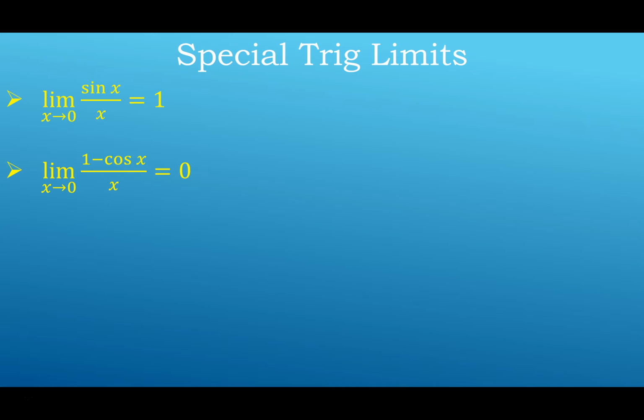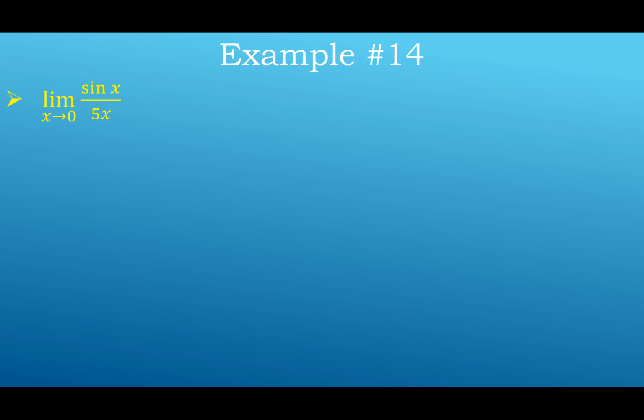And the key for these kinds of problems is you're going to see these things hidden in future problems. For example, if we have the limit as x approaches 0 of sine of x over 5x, this is very similar to what we just saw. The limit as x approaches 0 of sine of x over x, which was 1. Notice, this right here is our sine of x over x.